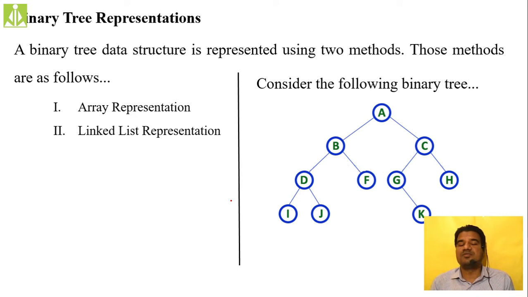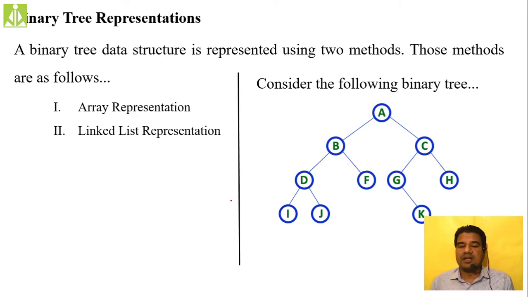Whatever concepts we discuss, the implementation like insertion, traversal, deletion, we will do keeping only the binary tree concept in mind. We are not dealing with strictly binary tree, complete binary tree, or extended binary tree. Those special types of binary trees we discuss only as concepts, and from the implementation point of view we do only the binary tree representation and implementation.